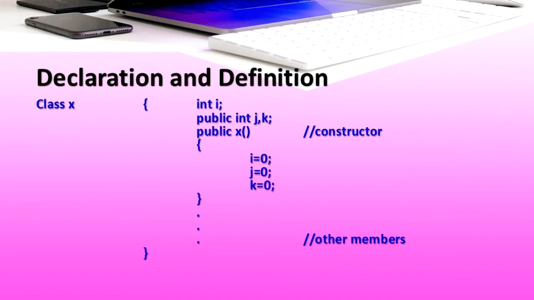In this example, class X, int i, int j, k, public X. So public X is a constructor, and you can see this method has the same name as that of the class name. The class name is X and the public is also X, so it is being used both sides, so it is called a constructor.